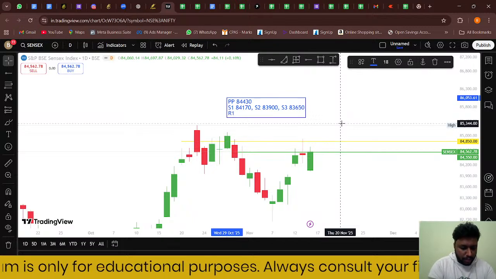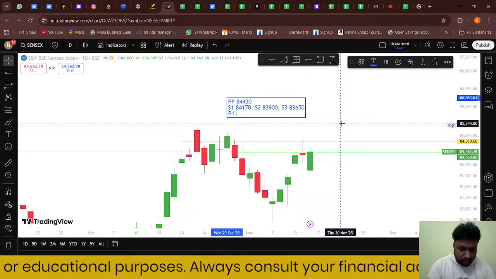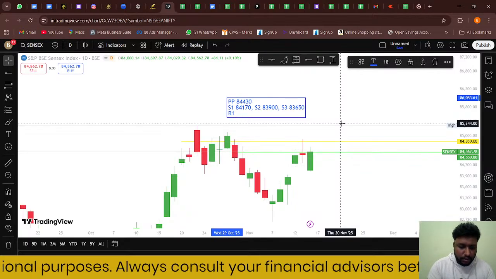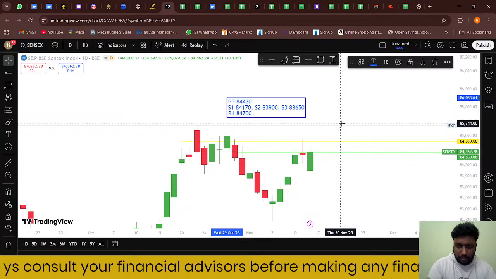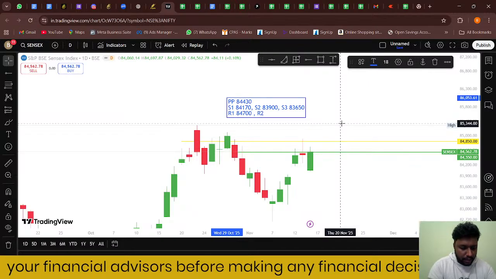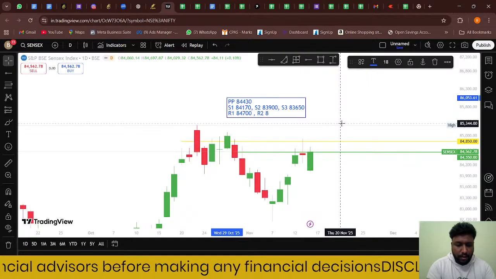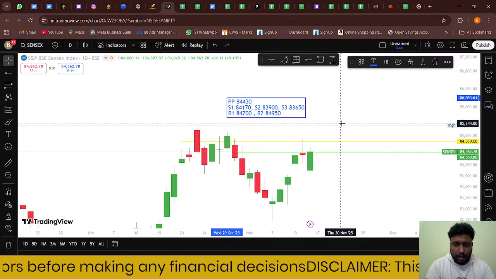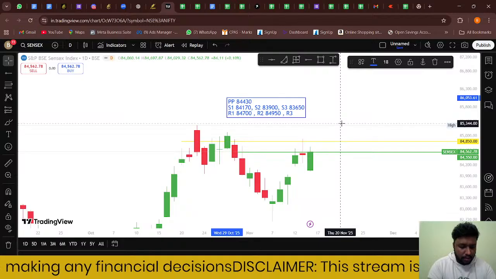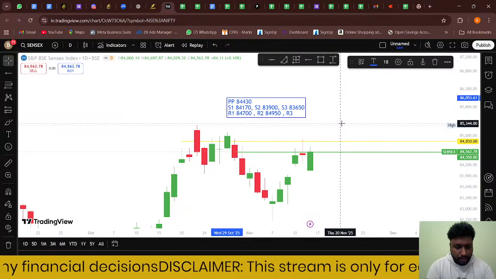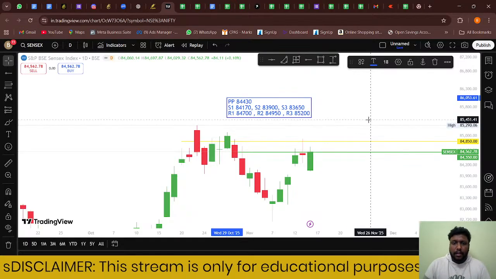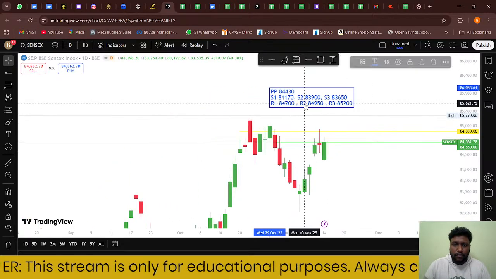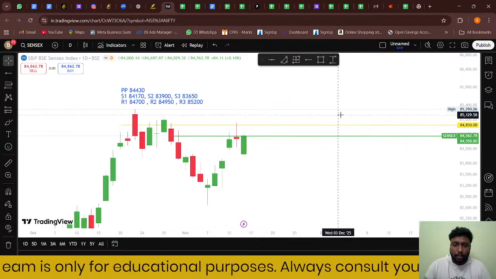So R1 is at 84,690. We will mark it at 700 only. 84,700. We can mark the R1, and R2 is at 84,950, and R3 is at 85,200. So these are the three support and resistance levels for Sensex with respect to the pivot point.